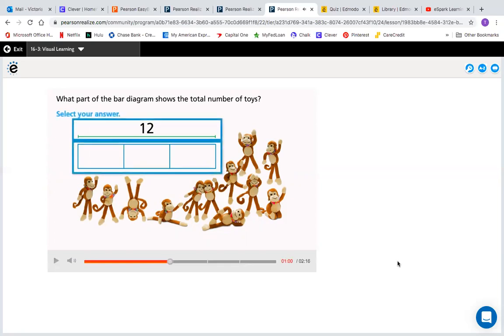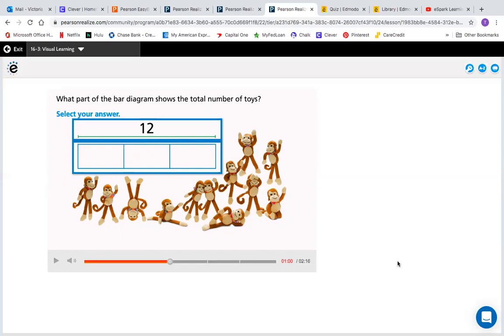Select your answer. So this is almost exactly like a part whole. If you're looking at this, it's saying the total amount of toys, that there are 12 toys. When you divide, you're never going to get any bigger number than that first number in your division problem. There are 12 toys. If I divide those toys up amongst my friends, I'm not going to suddenly have more toys than I had.